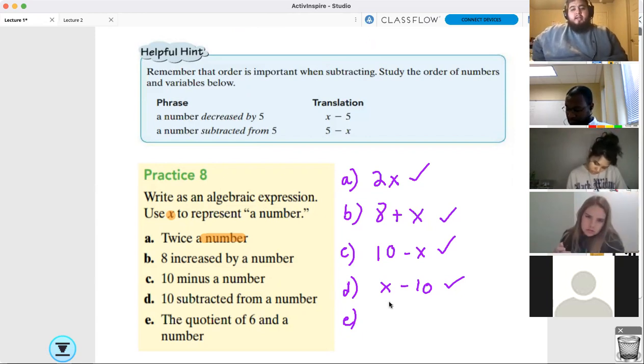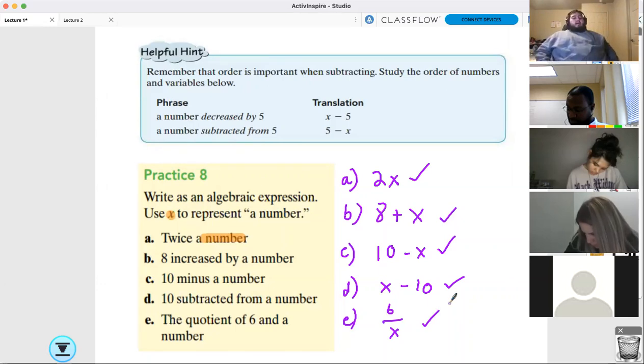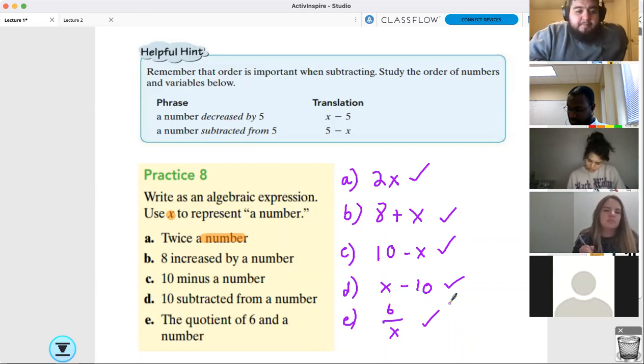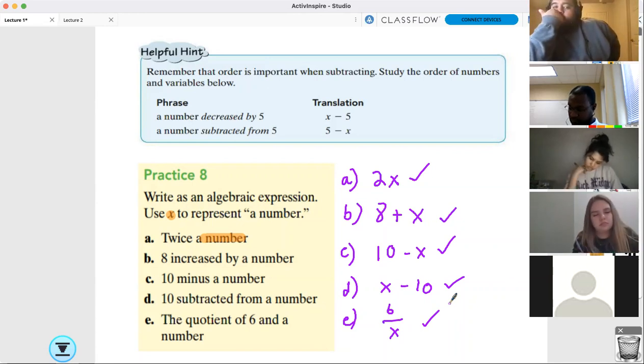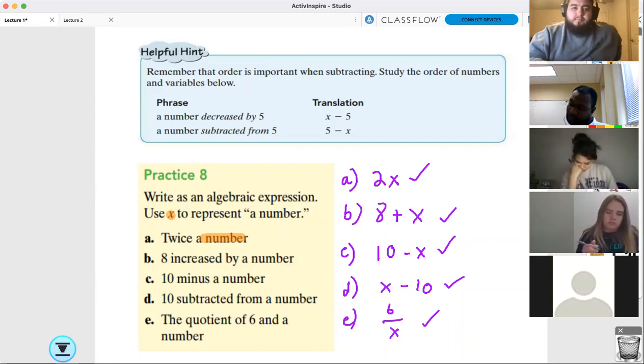That's correct. So if you got 6 over x, you are on the right track, guys. Good job. Now, are there any questions on the steps we just did? Any questions on any of the steps? All right, we're moving on.